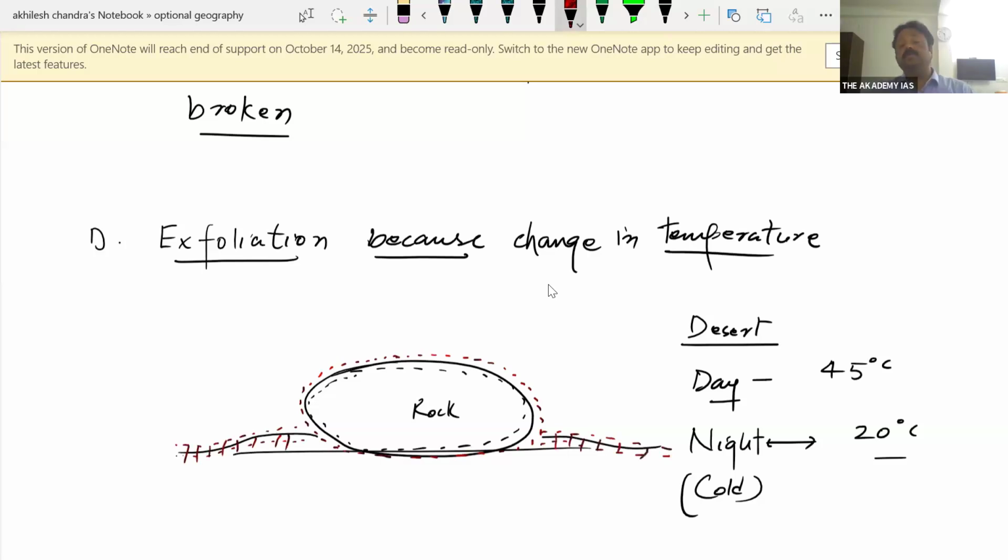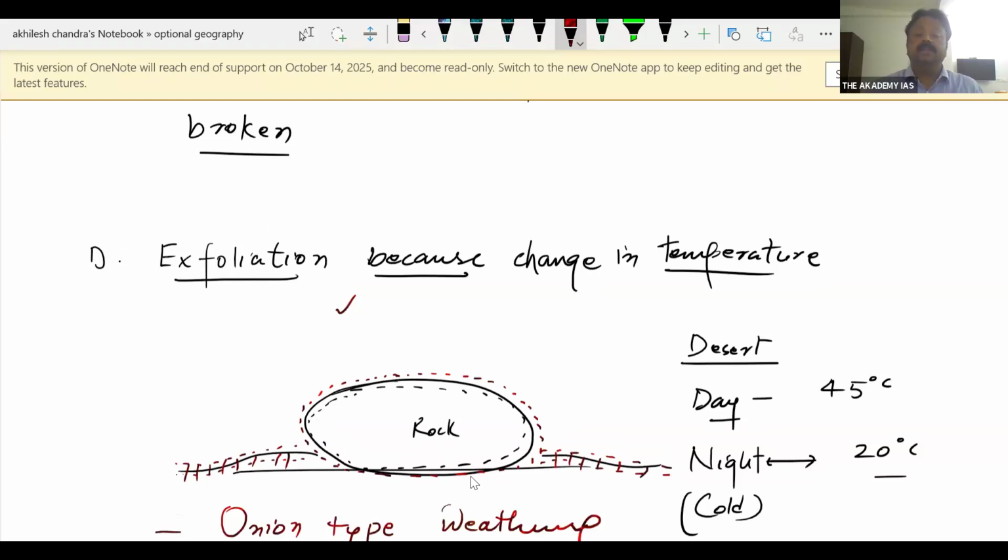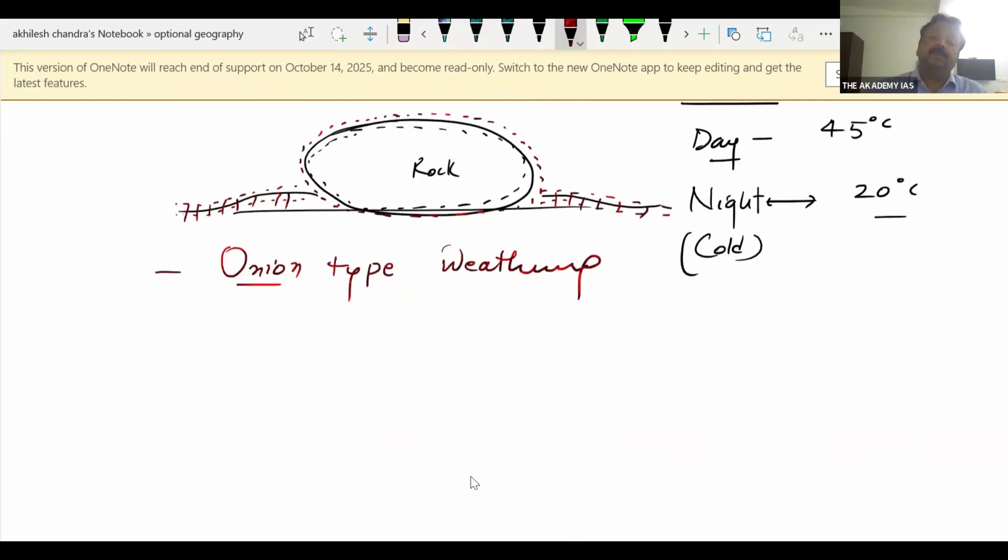Again, the remaining rock is going to be exposed to the same high and low temperature. And in this way, the rock becomes onion type weathering. This is also called onion type weathering, where the disintegration takes place layer by layer.